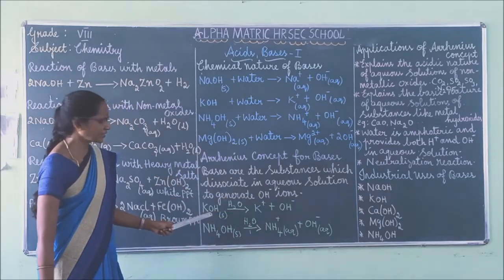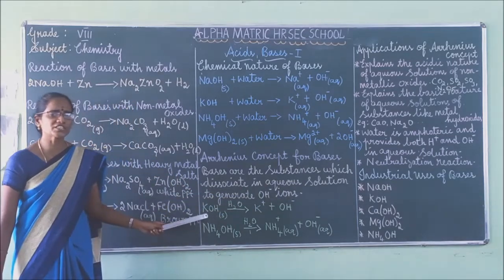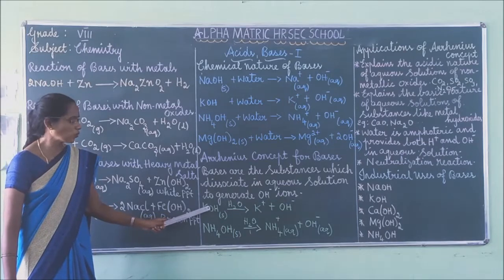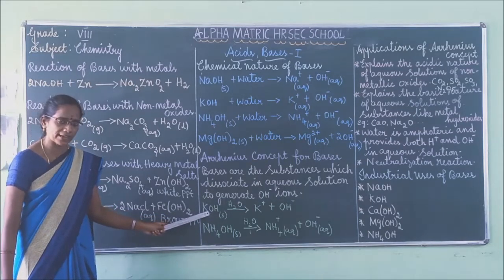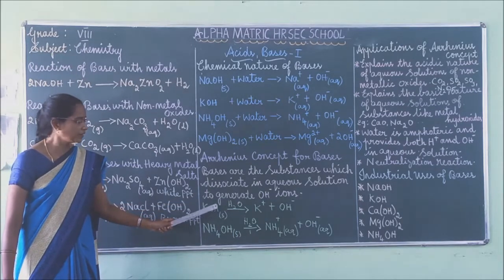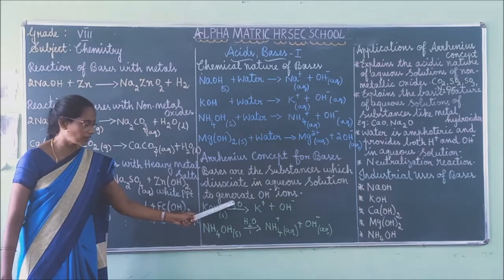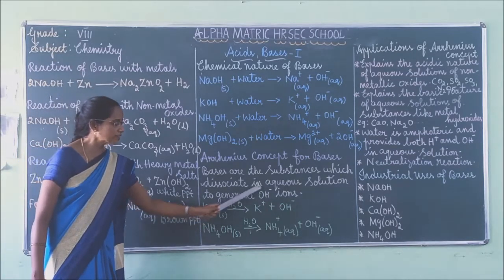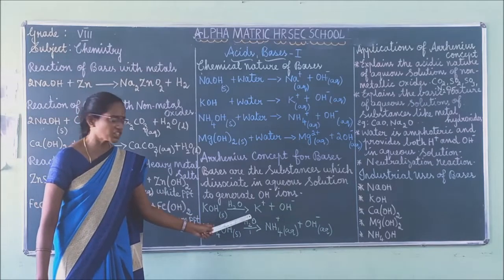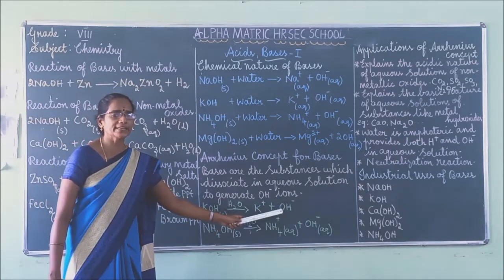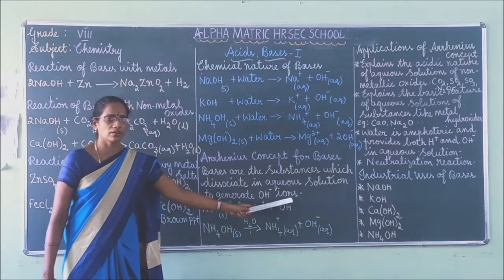For example, we can take potassium hydroxide, KOH. It is a solid. On treating with water, it produces K plus ion, potassium ion, plus hydroxide ion, OH minus ion.